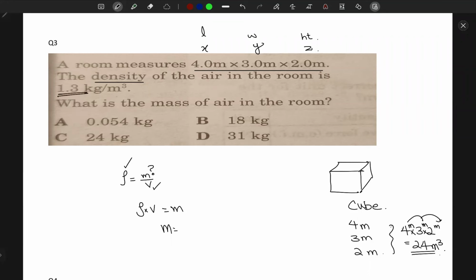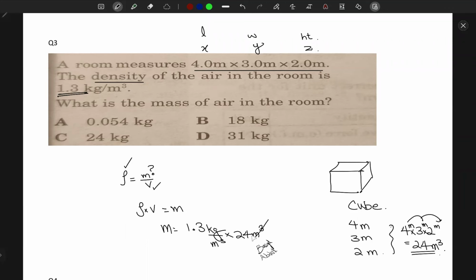You always make sure that you check that the units are agreeable, right? We have computed volume in meters cube, and density at this point was also given per meters cube. So we don't have to convert our units at this point. So mass is really density, which is 1.3 kilograms per meter cube, times the volume, which is 24 meters cube.